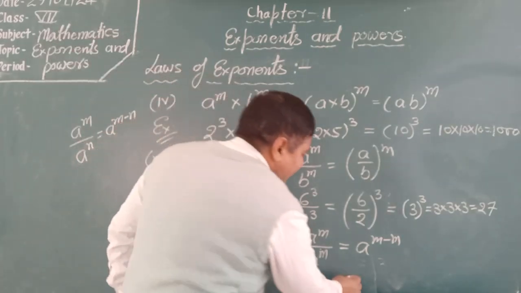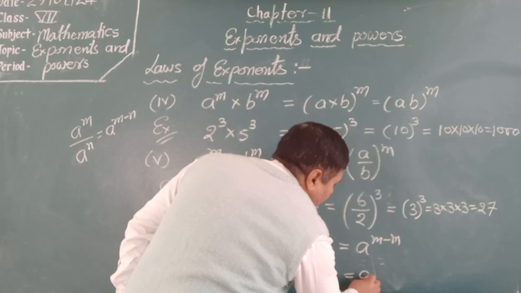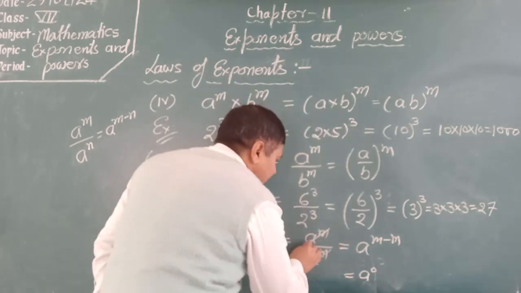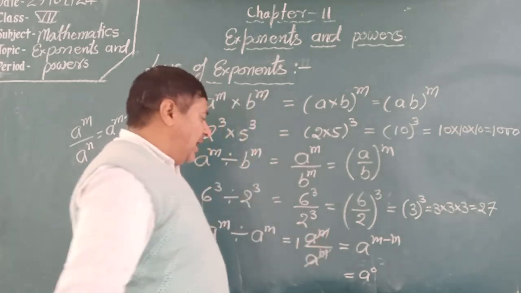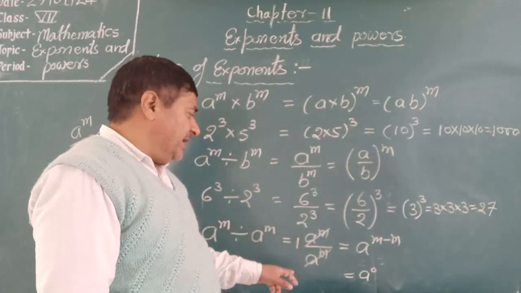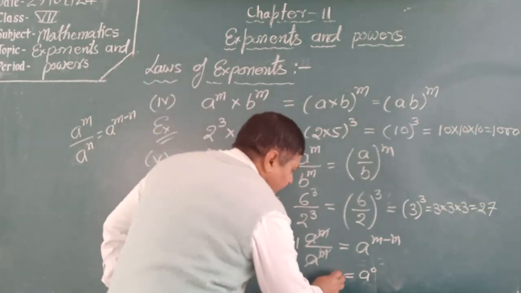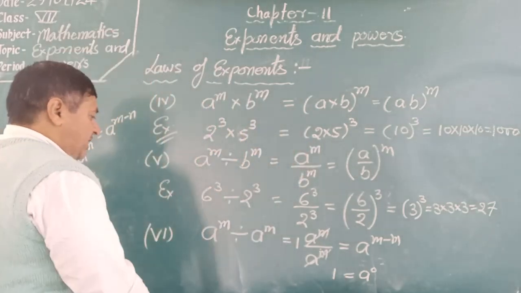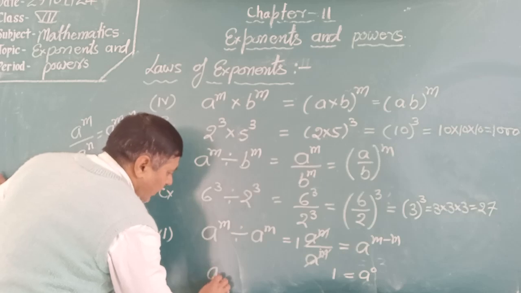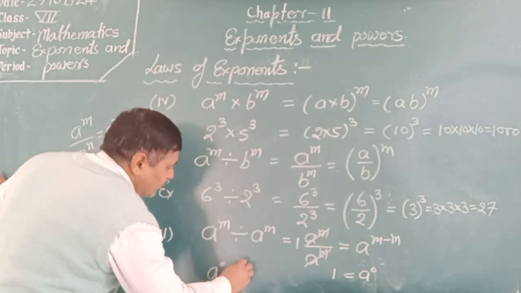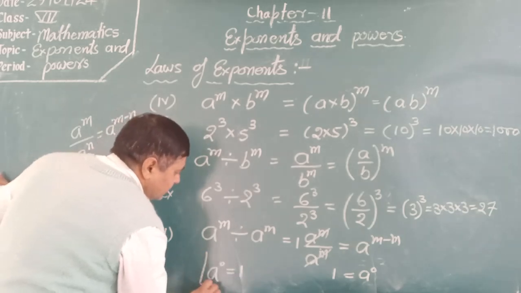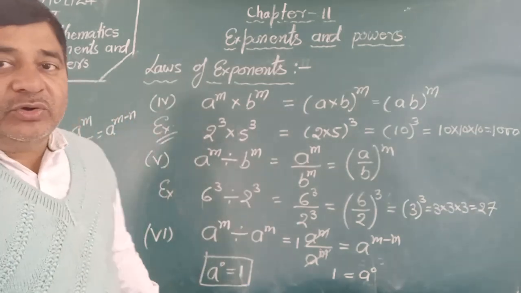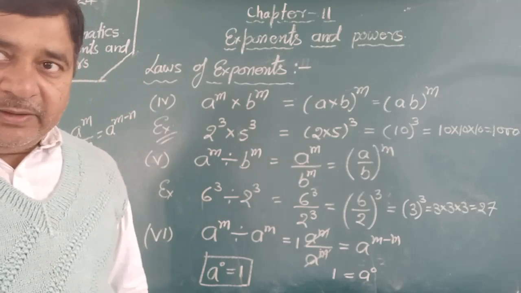That means you can write a to the power 0, and a to the power m and a to the power m are the same, so they will cancel and it becomes 1. That means one more rule is also generated here. a to the power 0 is equal to 1. This is also very important. a to the power 0 is equal to 1.